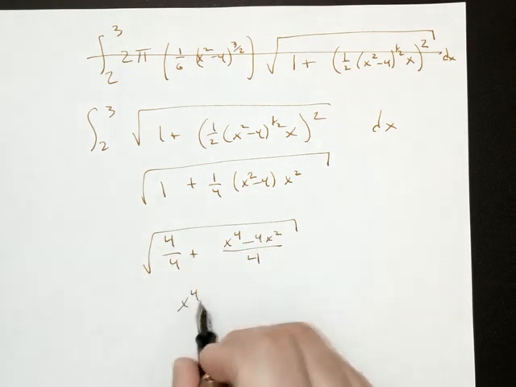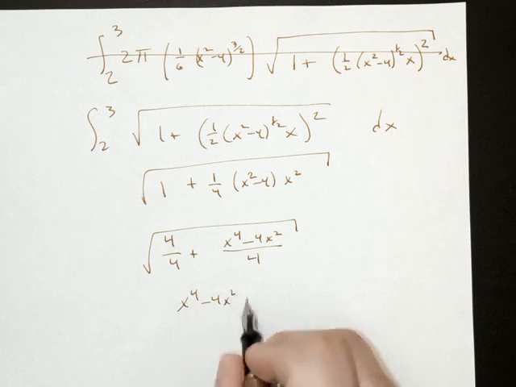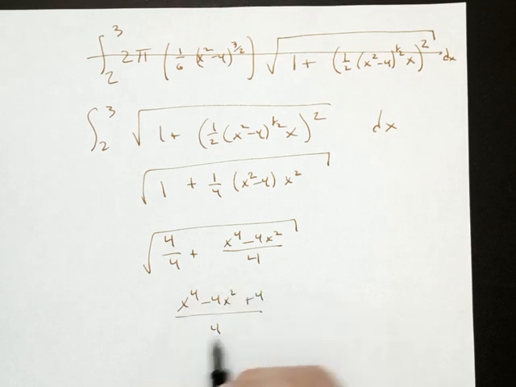And now I see x to the 4th minus 4x squared plus 4 over 4, and I have one of algebra's wonderful occurrences: a perfect square. What's the square root of that? Jacob?